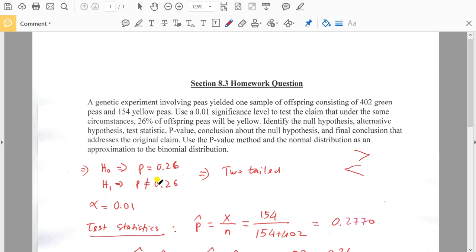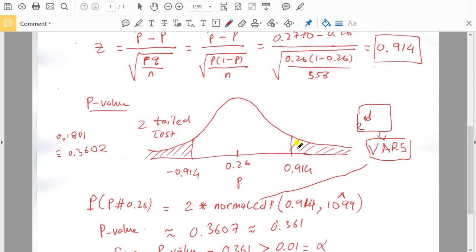Now in this case, we are checking whether we have 26% or we don't, so I use the not equal sign, and not equal means that this is two tails. Two tails means we're looking for the two areas under the curve to find the p-value. If just the right tail, then you are just looking for this side here, or the left tail, then you are looking for the left area.